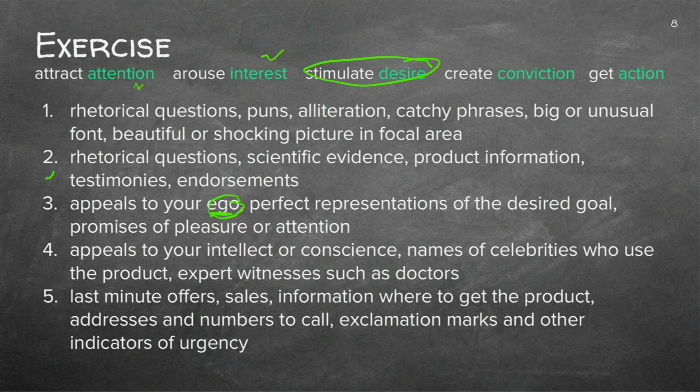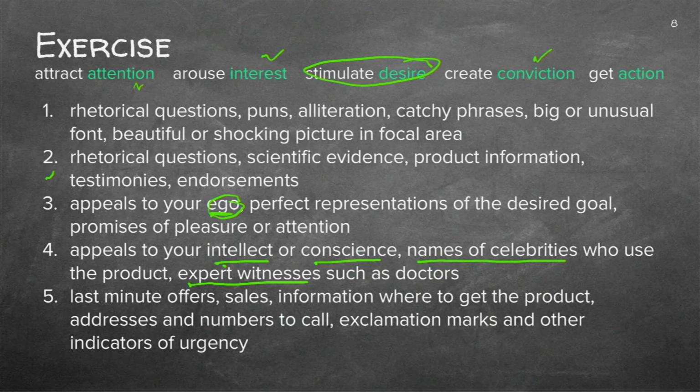There might be appeals to your intellect and your conscience, and also some more endorsements, expert witnesses, such as doctors and so on. All of those things can also serve to create conviction.